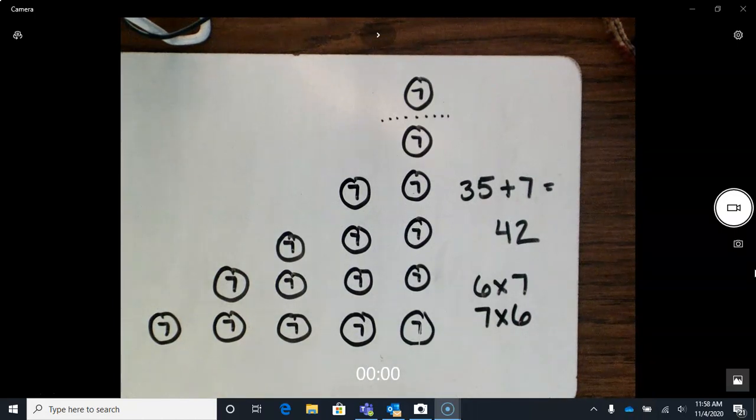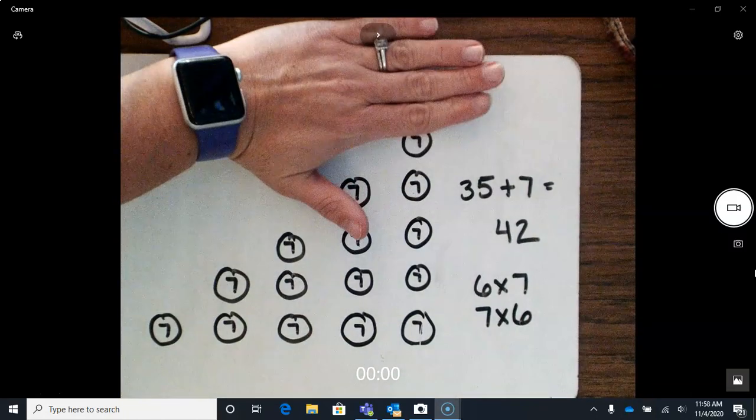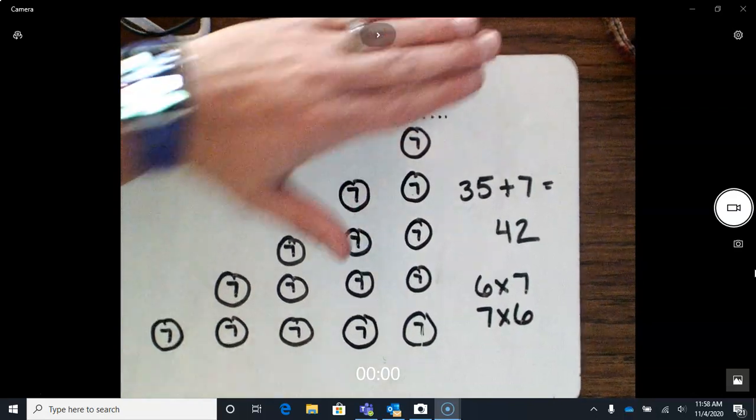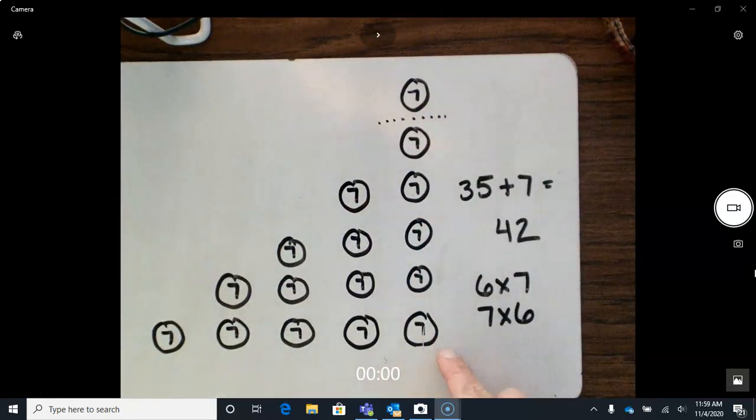So, what is the difference between our 5 times 7 and 6 times 7? Remember, a few minutes ago we did 5 sevens, and now we just did 6 sevens. What is the difference between those two facts? Yes, it has one more group of sevens.